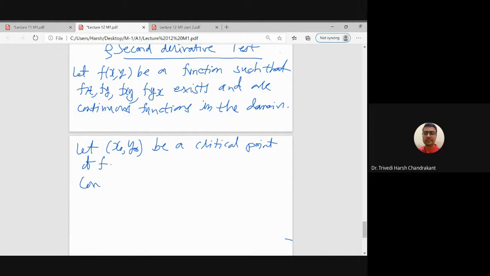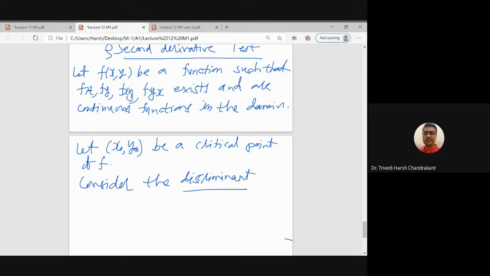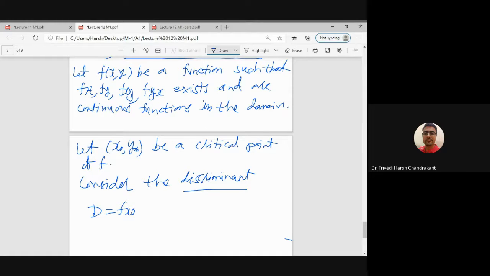So consider the discriminant. The discriminant is a determinant, denoted by D equals fxx at (x0, y0) times fyy at (x0, y0) minus fxy at (x0, y0) squared.